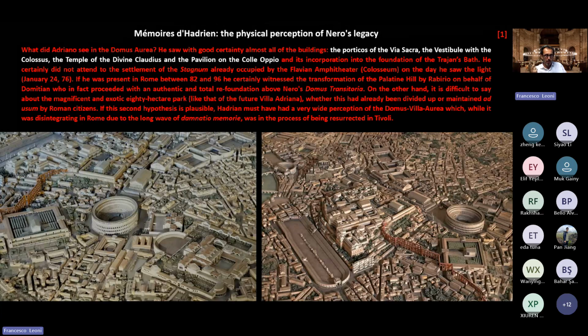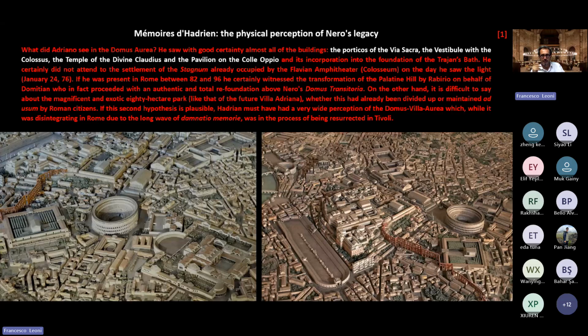Obviously, Nero couldn't have seen Villa Adriana, because Nero was emperor between 54 and 68 after Christ, while Hadrian arrived about 70 years after. In fact, he was emperor between 117 and 138 after Christ.